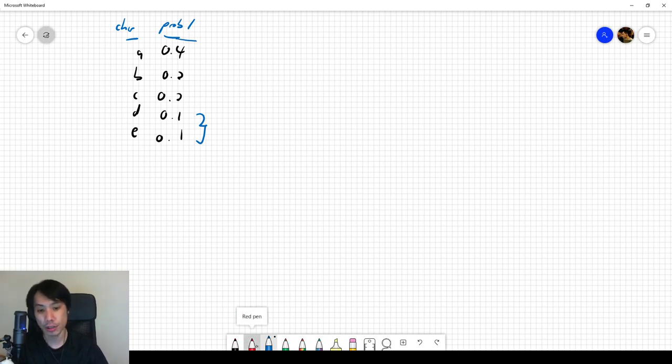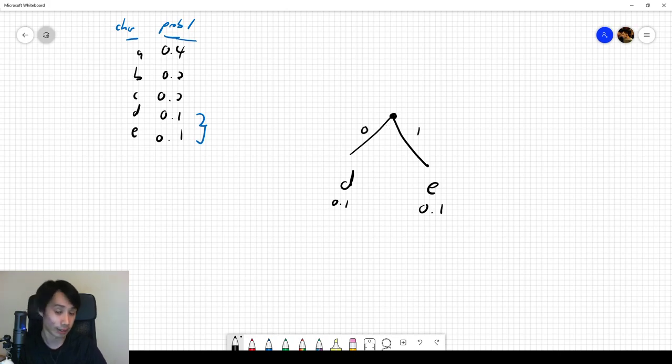So when I build a tree, I want my D 0.1 and E 0.1 to be at the leaf. Remember, every character is a leaf. It will be 0, it will be 1. When I combine both, it's going to be DE, which will be 0.2, because 0.1 plus 0.1 gives a combined 0.2.